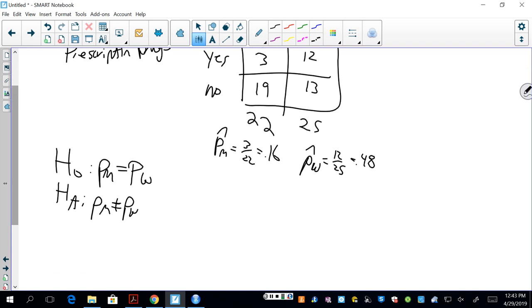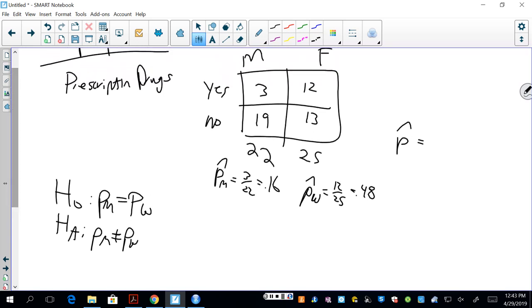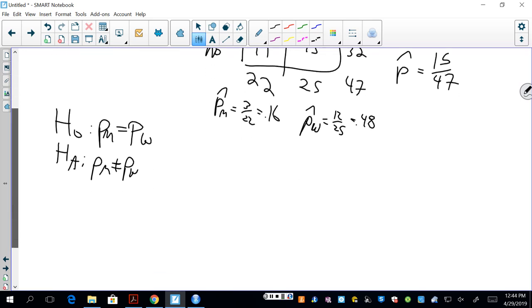For the hypothesis test, the overall rate across all groups is 15 out of the 47 in all. To test this hypothesis, we would get a z-statistic.